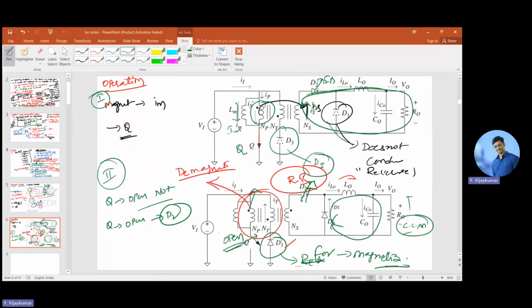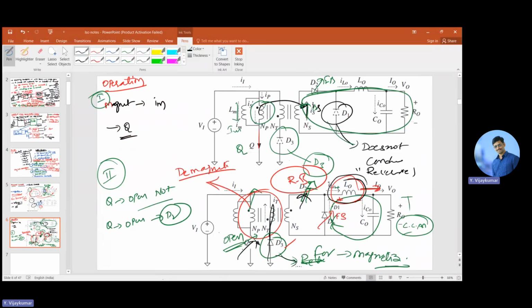Okay, so I repeat the secondary here. When Q is off, in mode 2, when the Q switch is open, the energy in the transformer can be demagnetized by D3. D3 comes to forward bias, so it will be demagnetized. Now, the moment Q is off, D2 will be off.